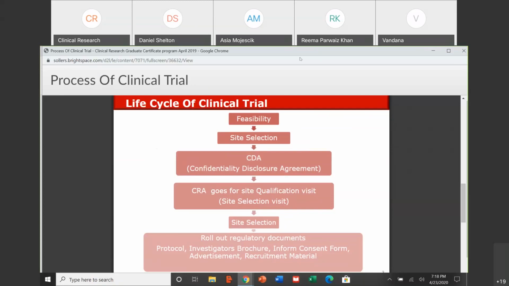So I'm going to quickly show you some of the systems we use for clinical internship and then open the floor for any questions you guys might have.